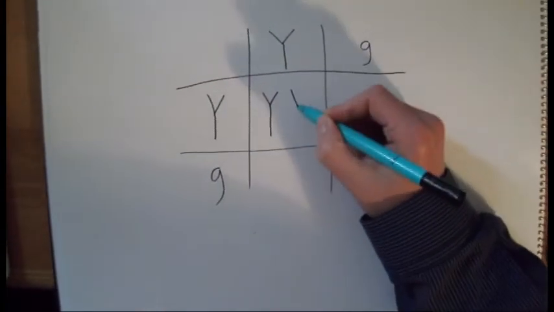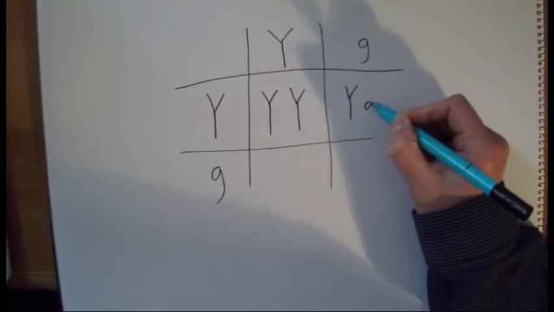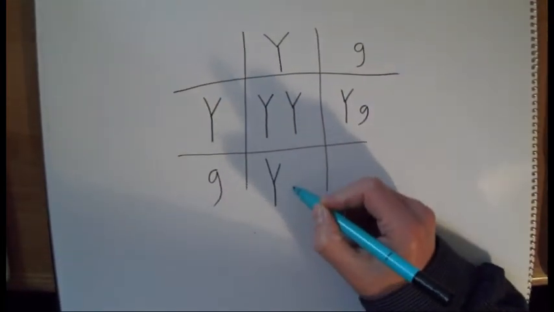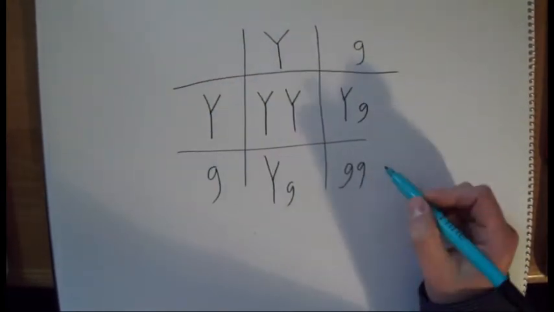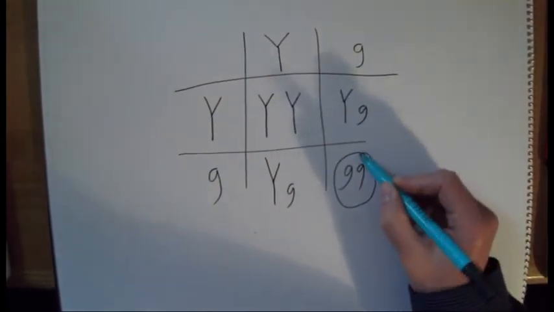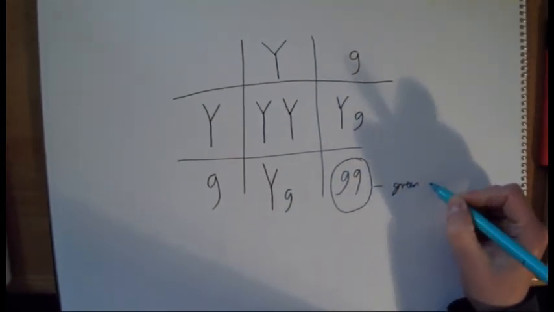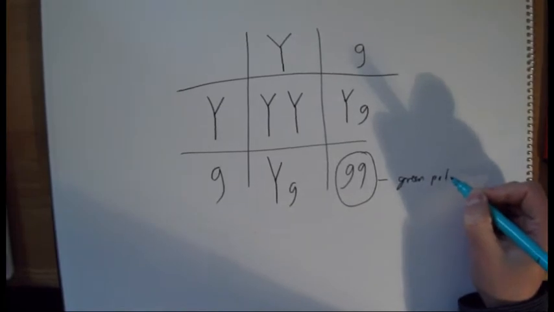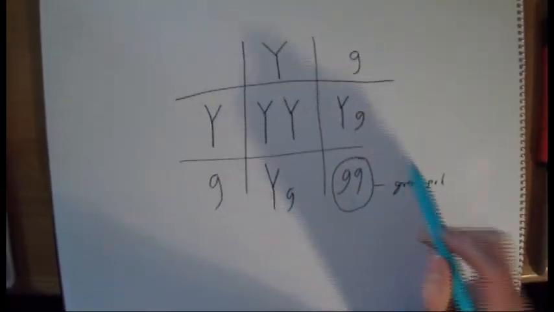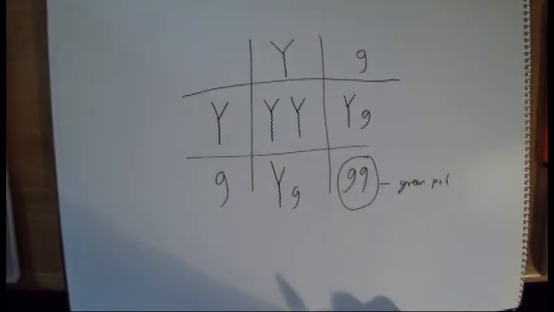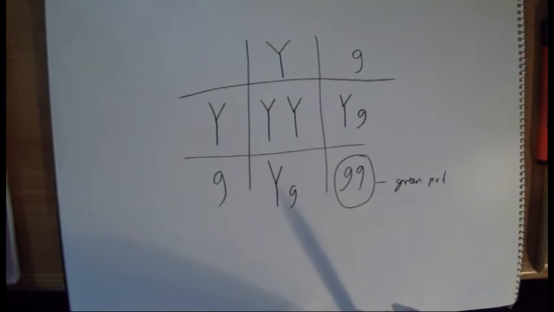And if we complete the table, we'll find that there is a gg allele which will result in a green pea pod. The rest, all containing the dominant Y, will all be yellow. This will explain why there is a green pea pod that occurs for every 1 in 4 pea pods grown.